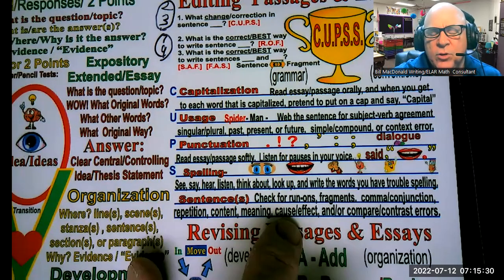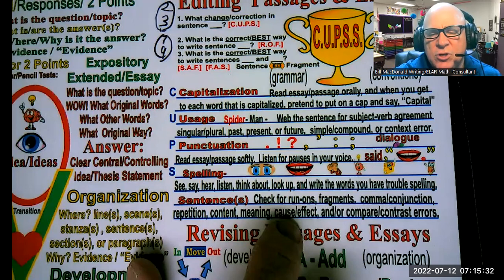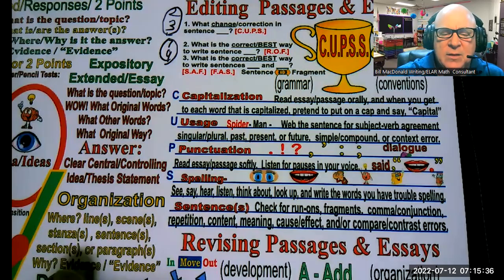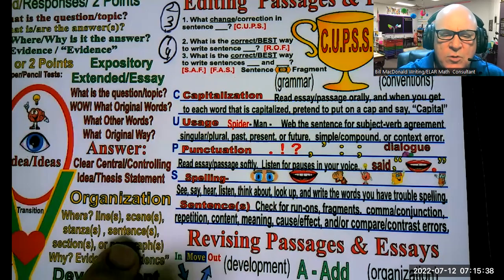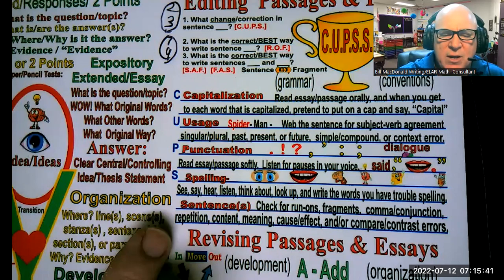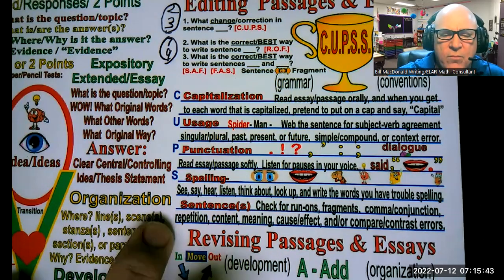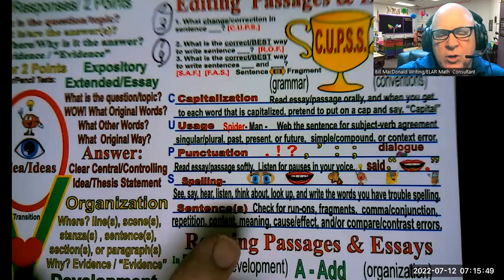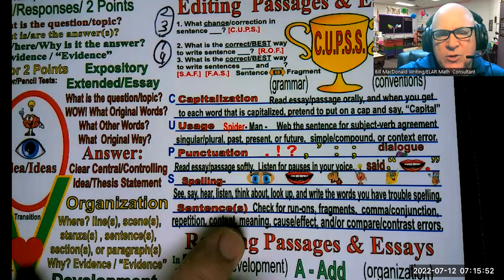You'll eliminate comma conjunction choices that are problems. Anything that has too much repetition would be the wrong answer. Also eliminate it if it changes the content or the meaning more than the other choice, if it's the wrong cause and effect relationship, or an incorrect compare and contrast relationship.